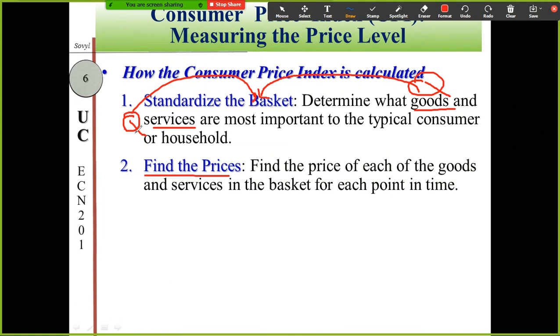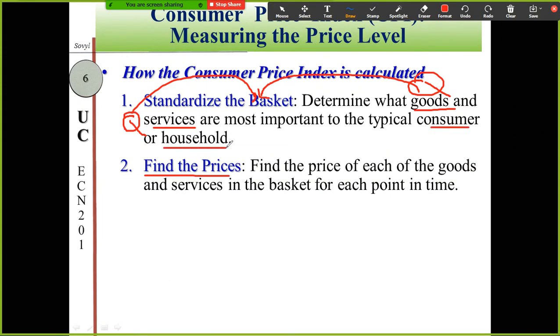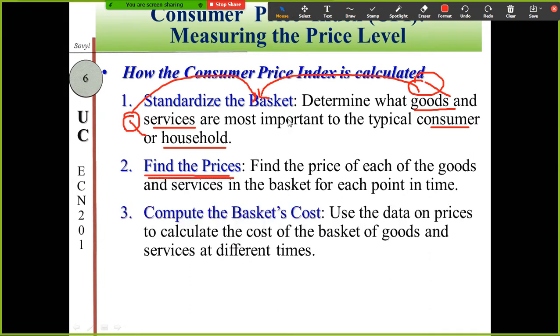So when you know the quantities that the consumers or household buy, and moreover you know the price, you can find step 3. Step 3, compute or calculate the cost of the basket, or basket cost.